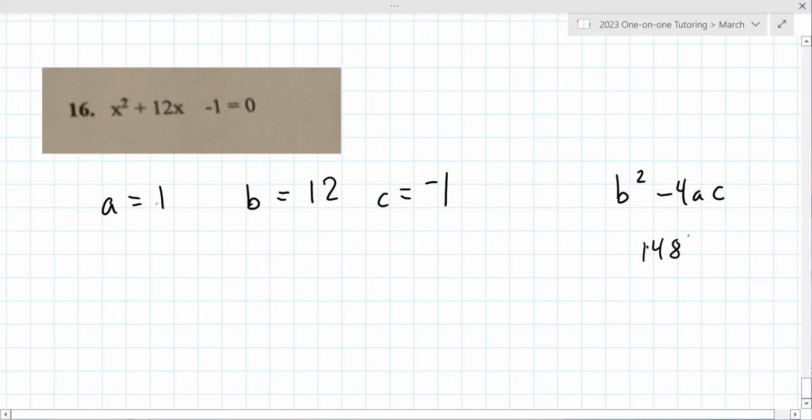Yes, perfect. Okay, so now, unfortunately, this is not a perfect square.